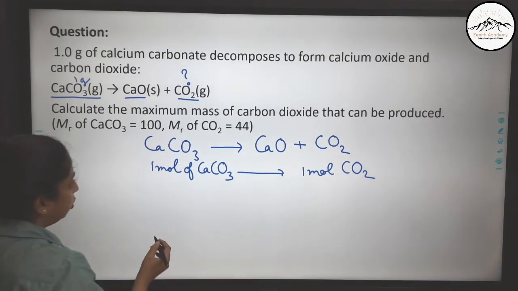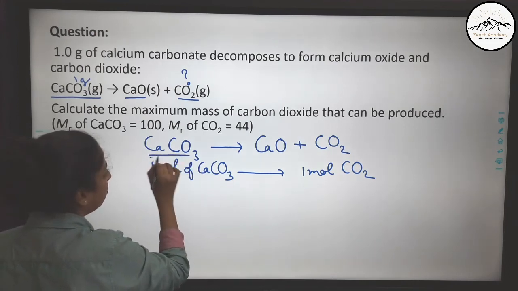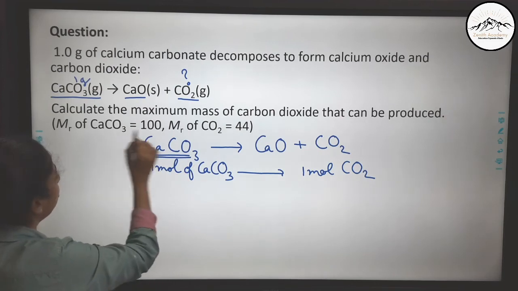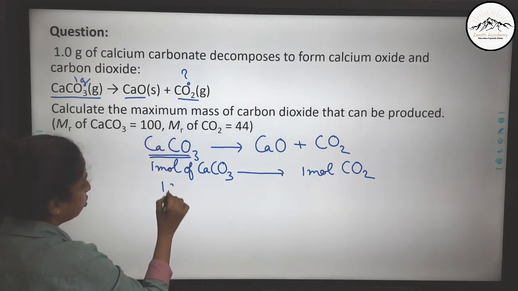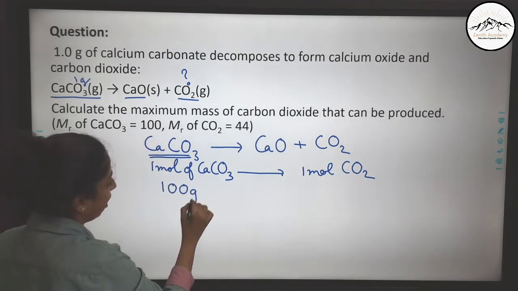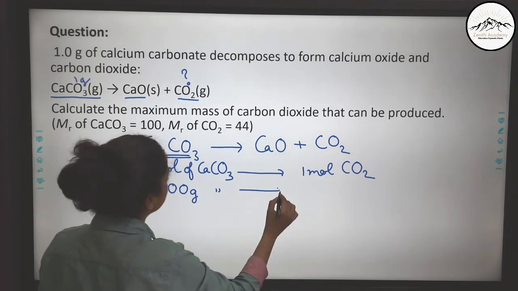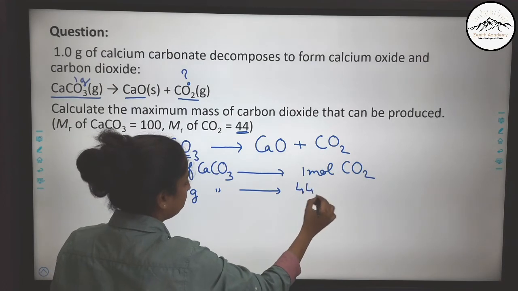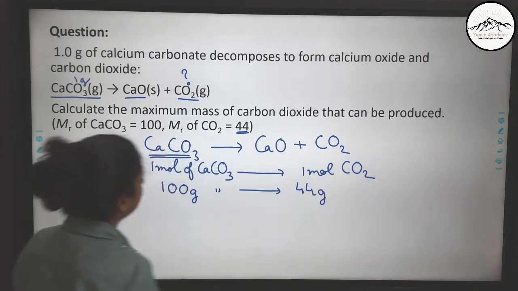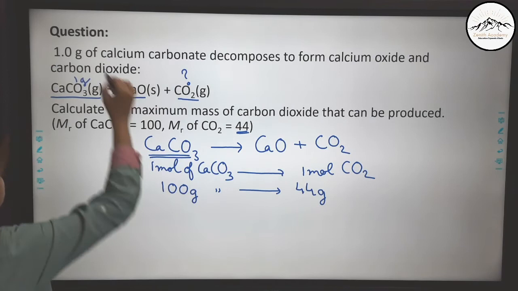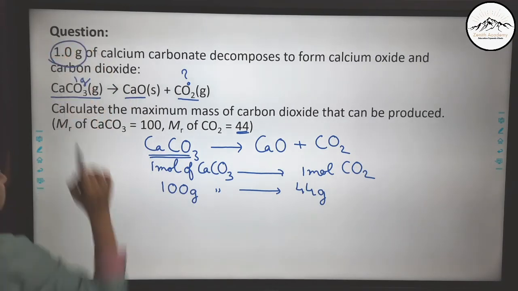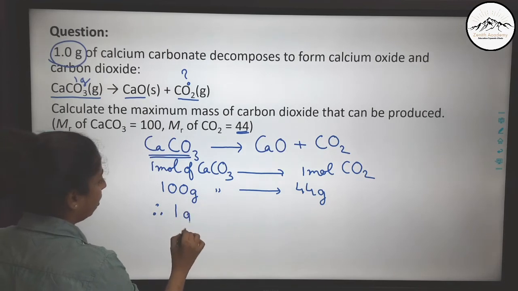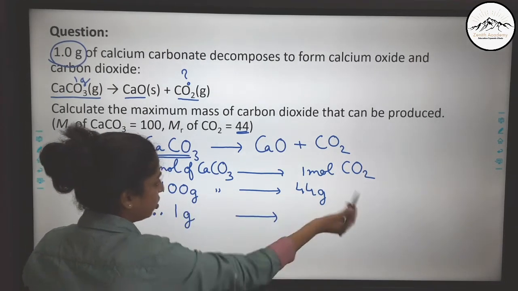Okay, so if I calculate the relative molecular mass here of calcium carbonate, it is already given 100. So it means 100 grams of calcium carbonate decomposes to give, this is also given, 44 grams of carbon dioxide. So in the question it is asked what will 1 gram do? Okay, so now therefore 1 gram will decompose to give how much CO2?